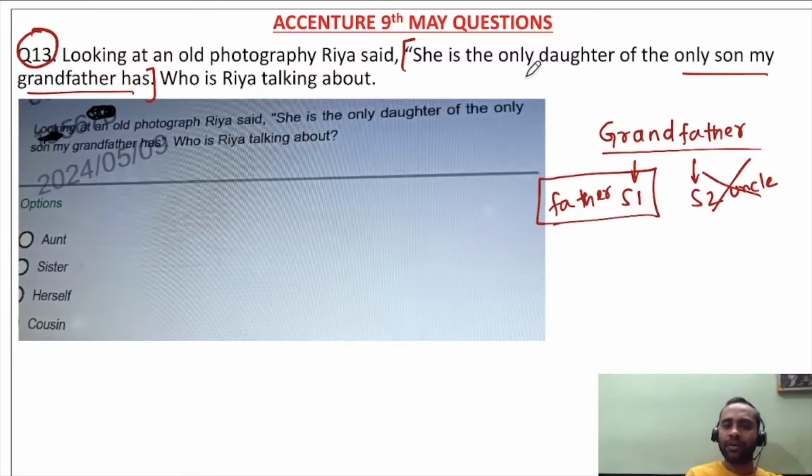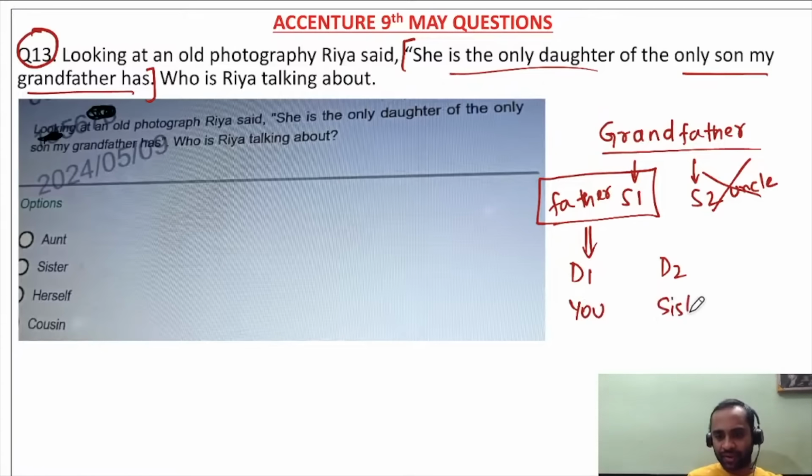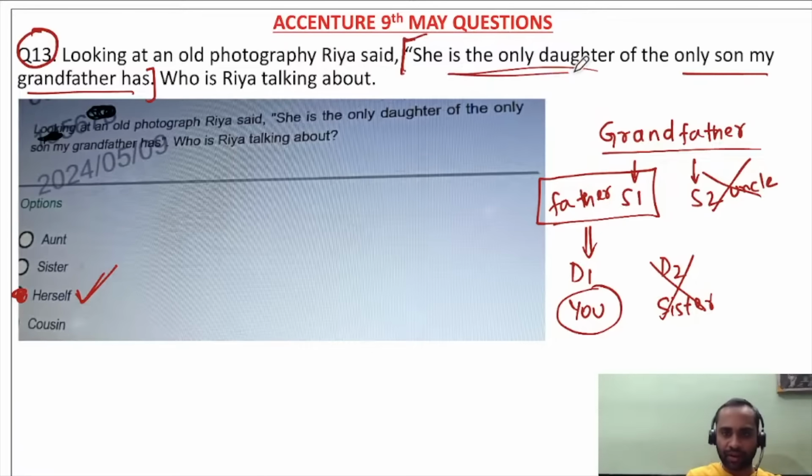Now if your father has two daughters, daughter 1 and daughter 2, then one will be you and one will be your sister. But your father has only one daughter, so that is you, herself. So option C will become the correct answer. So this is how you have to figure it out. You have to basically trace it, and then only you will be able to solve it. Clear?